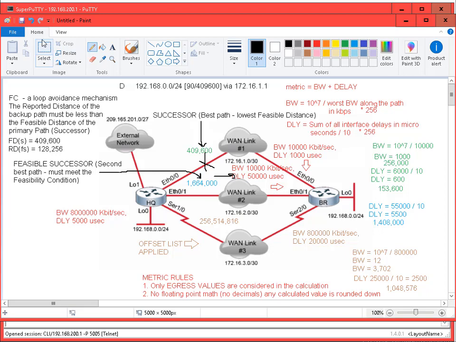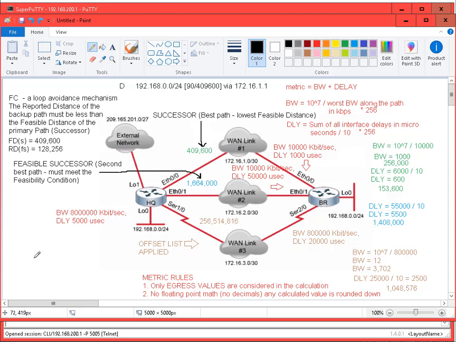Remember, this whole concept of loop avoidance, and the need to even identify whether there's a loop in the network or not, is because EIGRP is a distance vector routing protocol. And as a distance vector routing protocol, it just simply doesn't have the same visibility about the network that everybody else has, right?